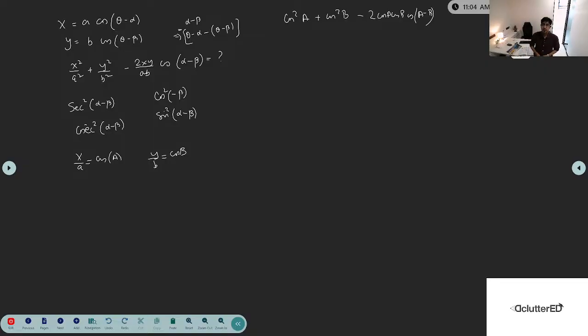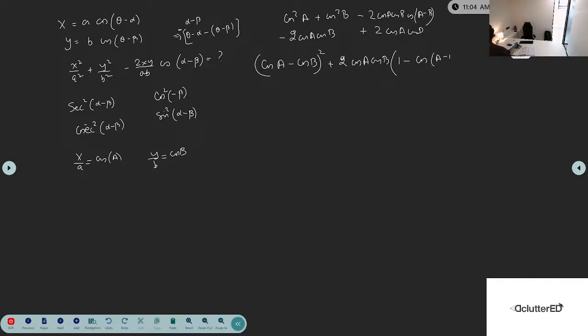This very much resembles my a plus b or a minus b whole square formula. Unfortunately, that dirty looking cos a minus b is causing all the problems in the question. No problem. I am going to subtract 2 cos a cos b and add 2 cos a cos b. So my expression translates to cos a minus cos b the whole square plus 2 cos a cos b into 1 minus cos of a minus b.